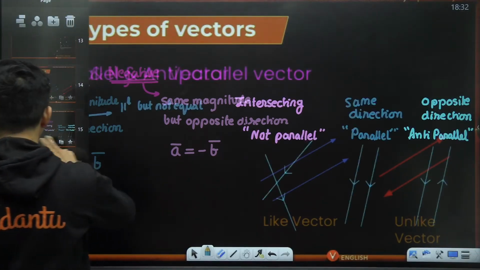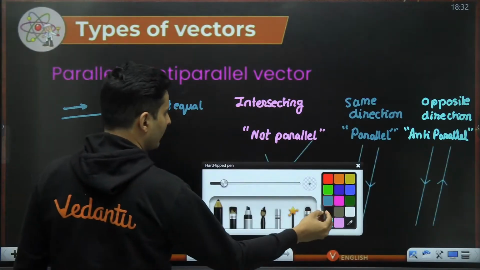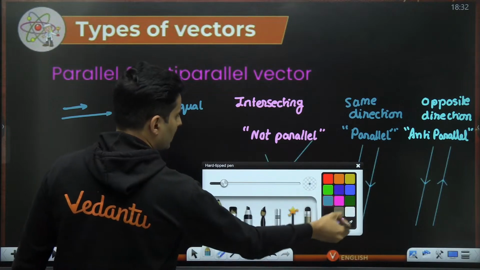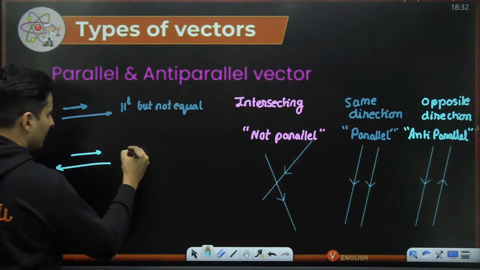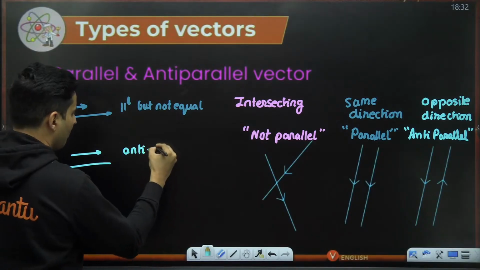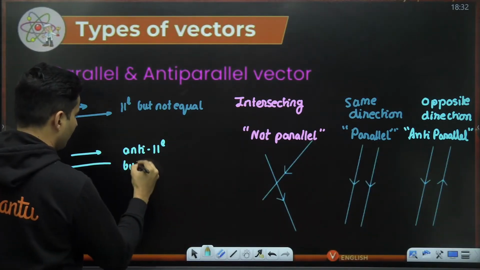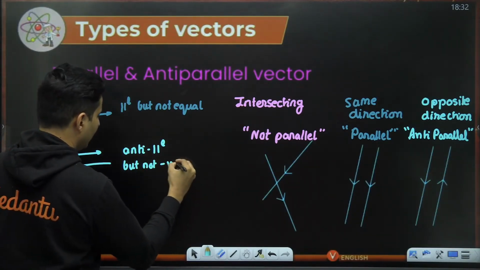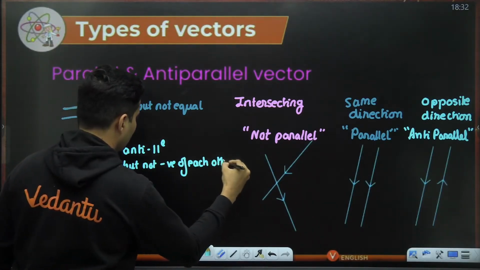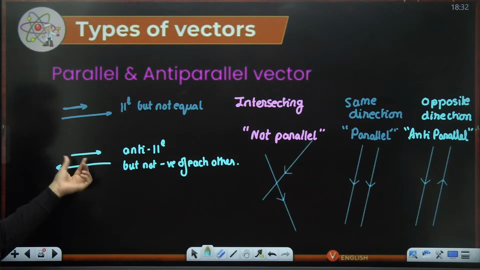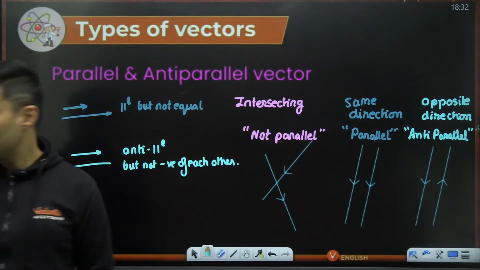Just take this particular example. This vector and this vector, they are 100% anti-parallel, but not negative of each other, as you can see, because they are not necessarily of the same magnitude.